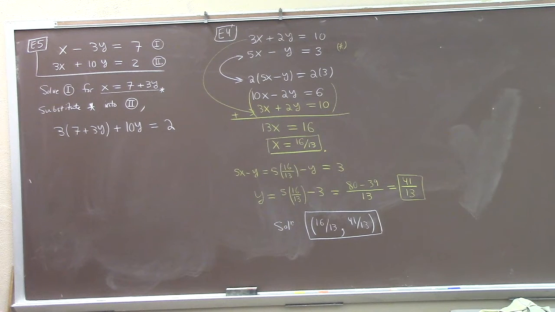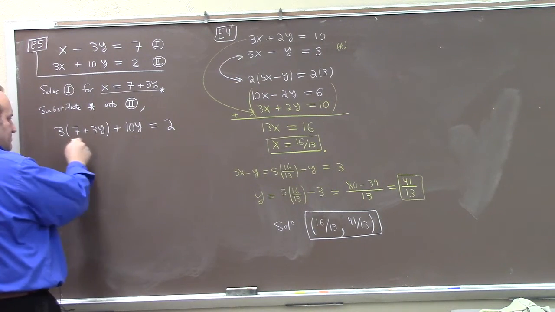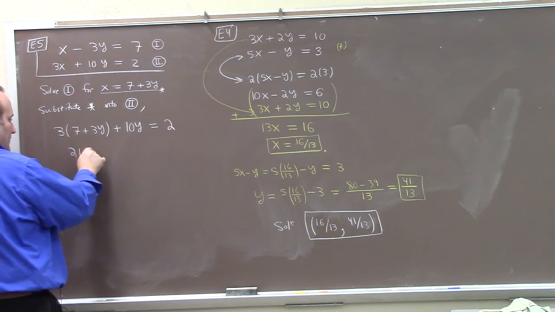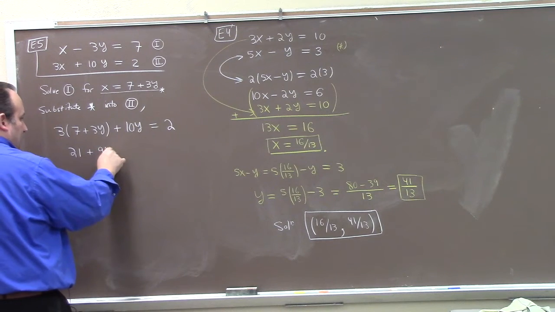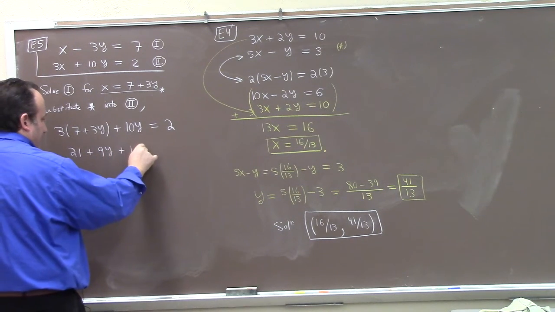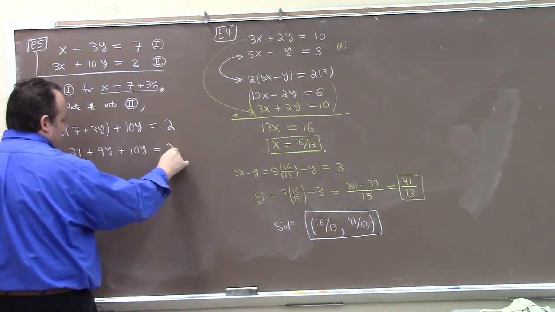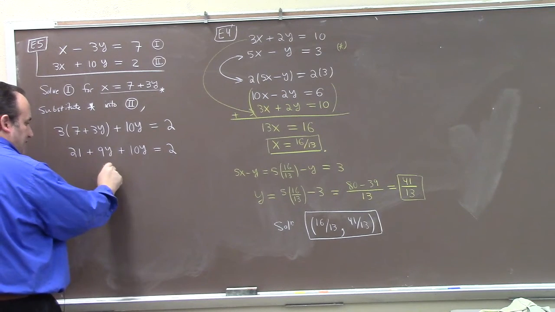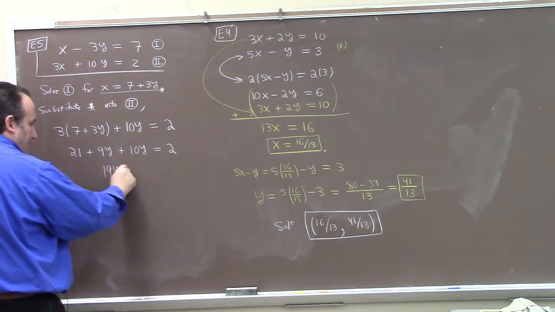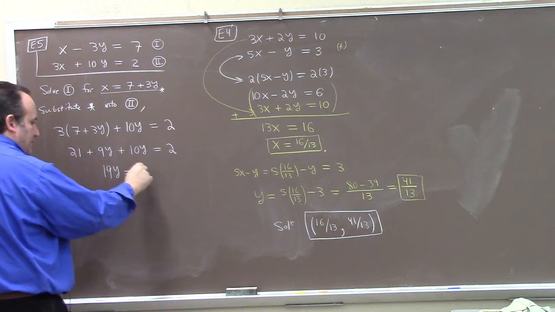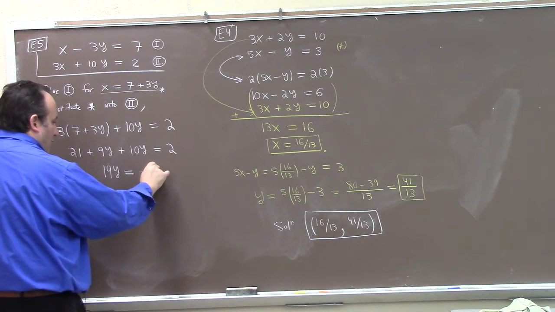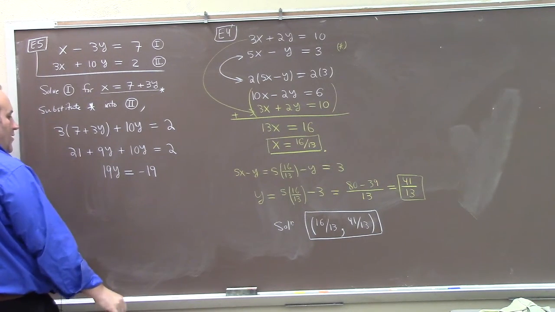That's like day 1 in here. We usually have the letter x, but we have the letter y. It's no big deal. This gives us 21 plus 9y plus 10y is equal to 2, which gives me 19y is equal to 2 minus 21, which is minus 19.